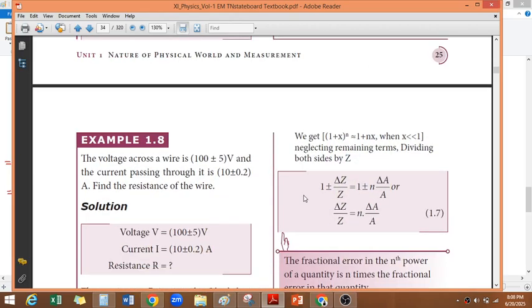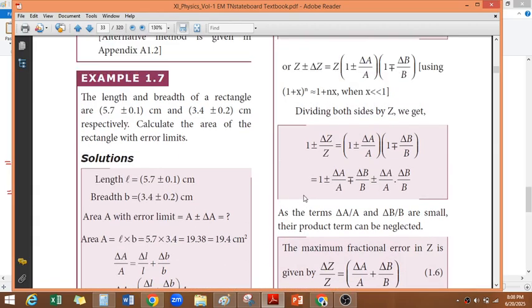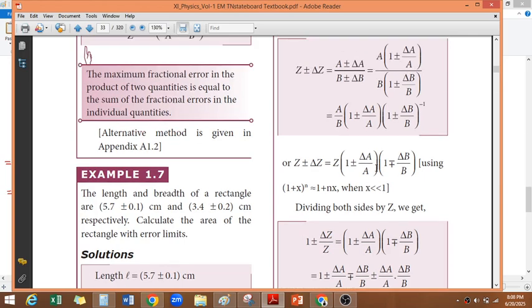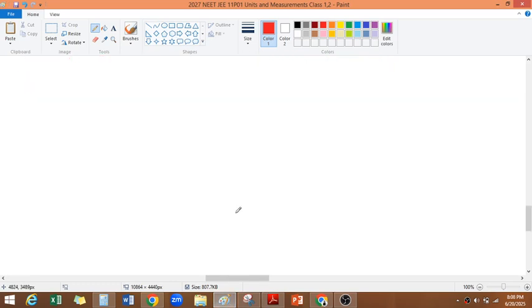Okay, maybe I can quickly show you how to get that. You will get a better feeling. Error propagation in division.